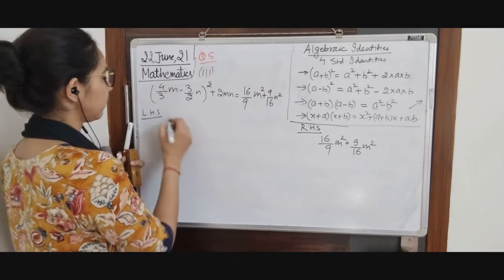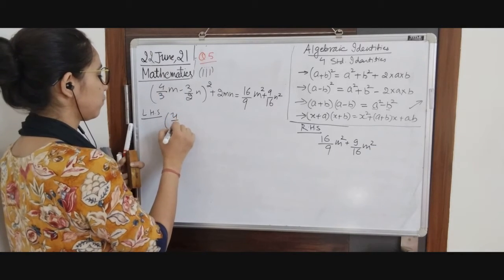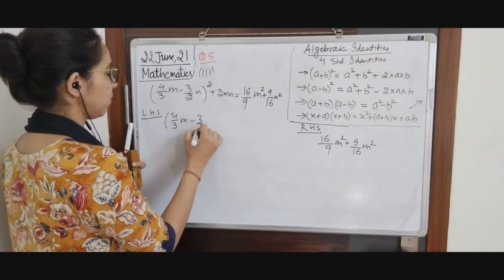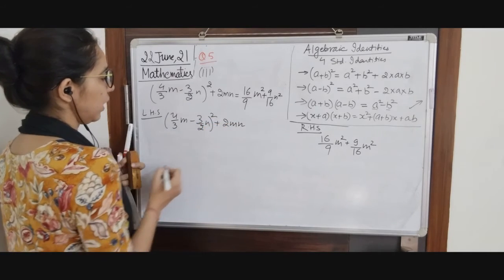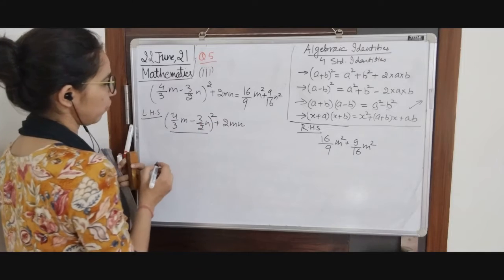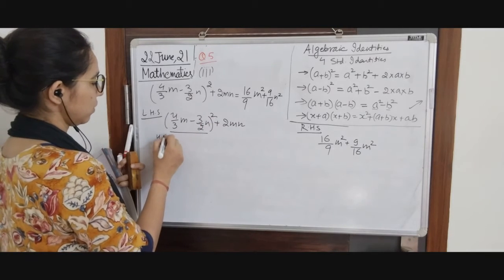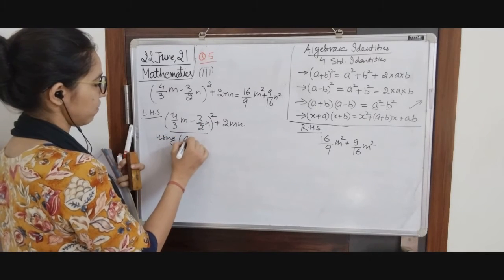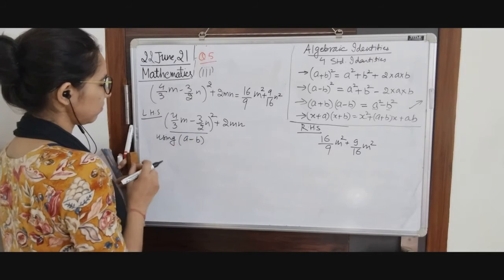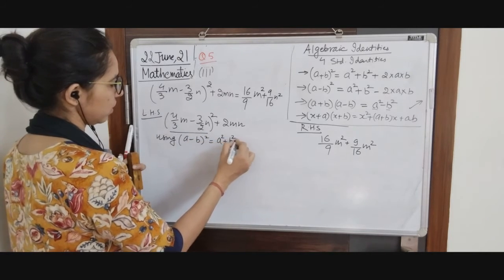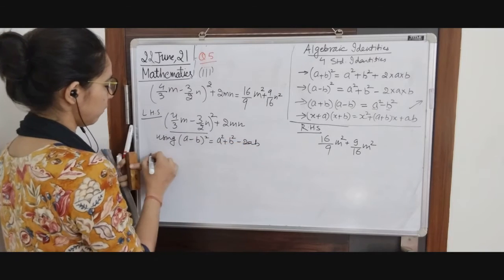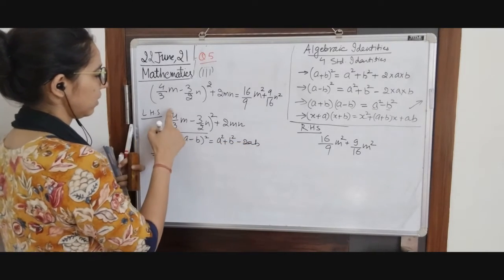So right side is this, left hand side is this: (4 by 3 m minus 3 by 2 n) whole square plus 2mn. It means we have to use the formula for (a minus b) square. So we will use (a minus b) square is equal to a square plus b square minus 2ab. What will we get?